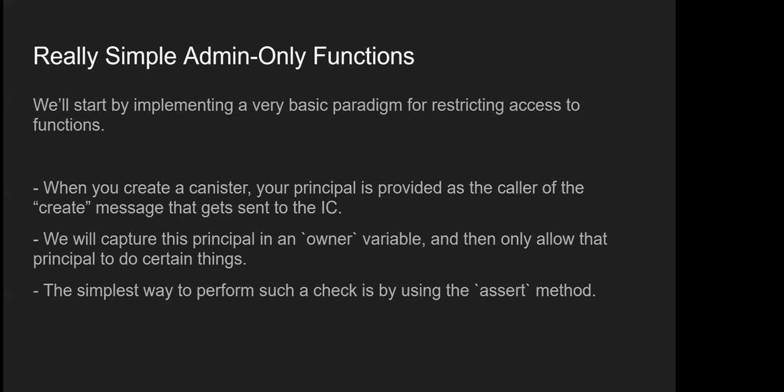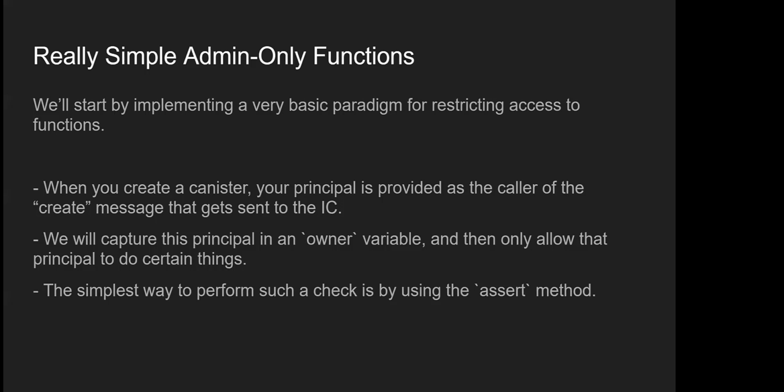We're going to look at a couple of different ways that we could add access control, starting with a really simple paradigm. As we're probably all familiar by this point in the boot camp, when you create a canister, the message to create that canister comes to the IC with a caller, which we can capture and store in a stable variable in our contract and say this is the administrator.